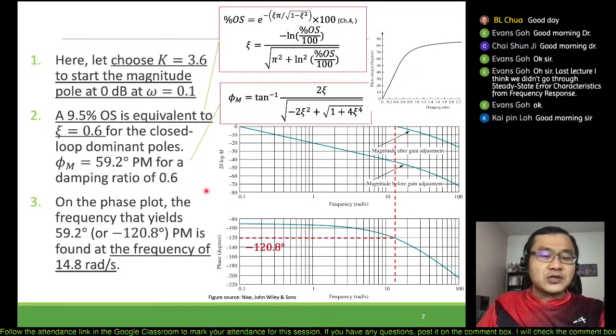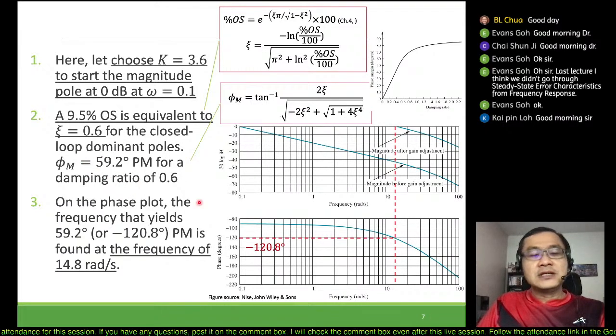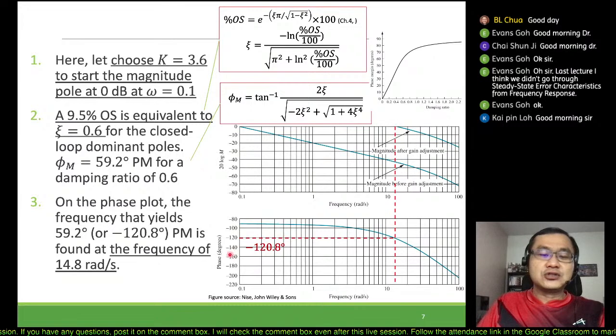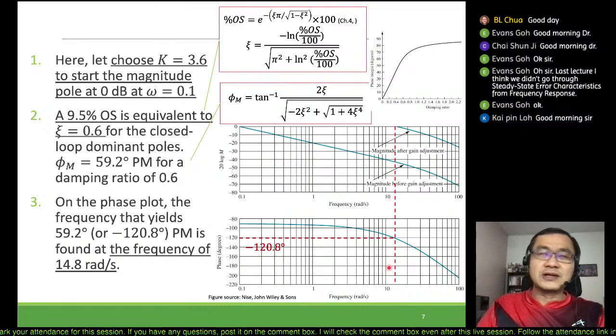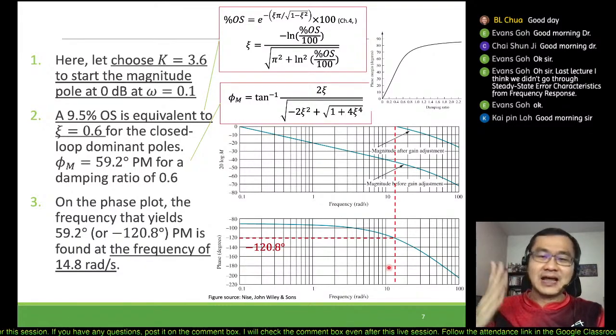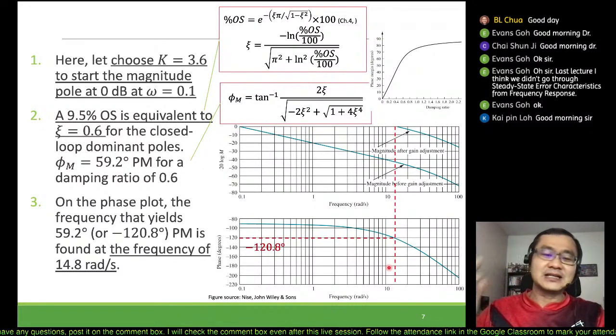So based on that, what you need to do now, we get 59.2. In the phase plot itself we will just calculate: 59.2 corresponds to negative 120.8, that is 180 minus 59.2, because this is where the root locus lies on the line.